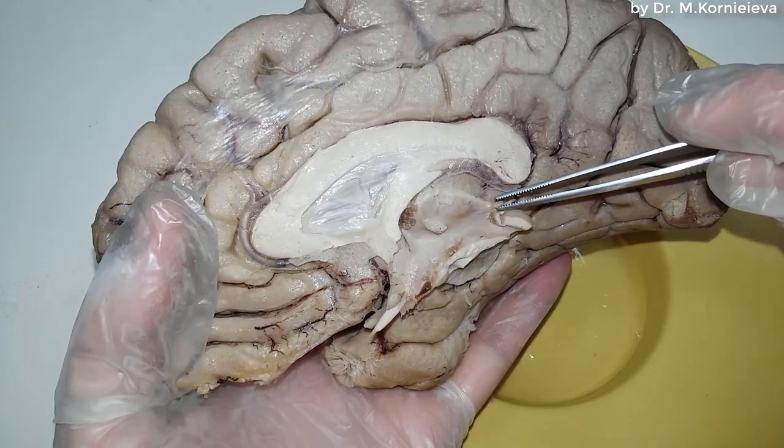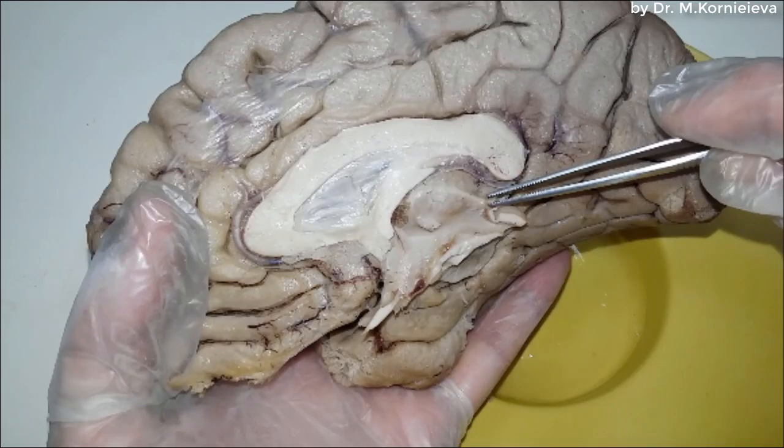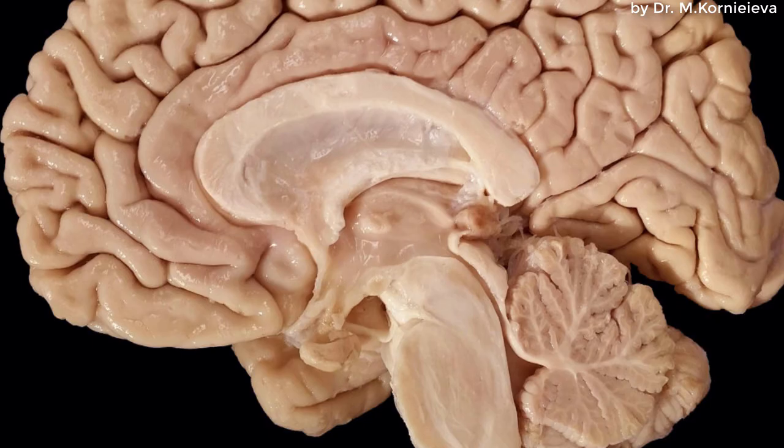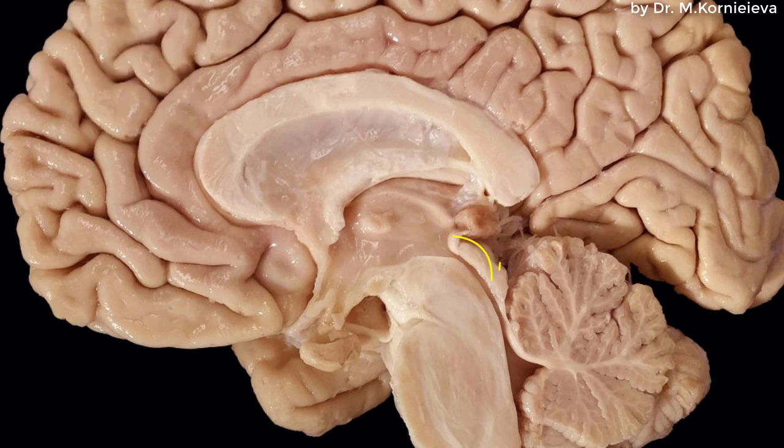Some of the fibers of the stria medullaris thalami cross the midline via the habenular commissure and reach the habenular nucleus of the opposite side. The pineal gland is attached by the pineal stalk to the diencephalon and projects backward posterior to the midbrain.